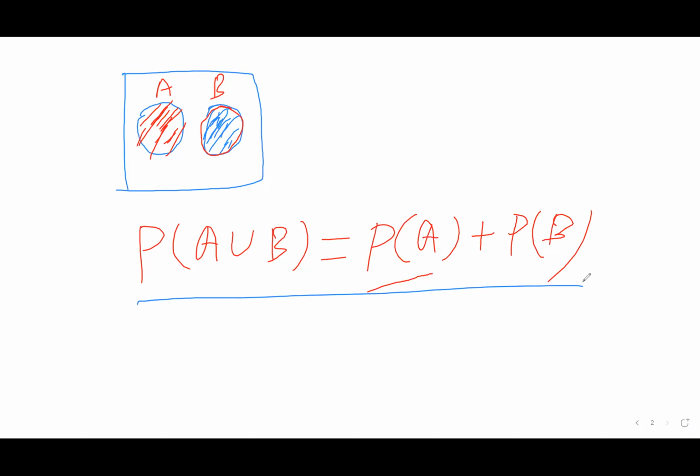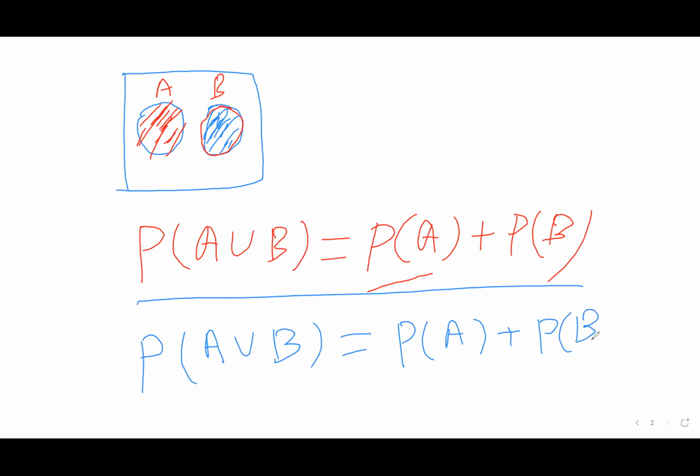So now we have two formulas for probability of A union B. One is probability of A plus probability of B, and the other is probability of A plus probability of B minus probability of A intersection B. So now the question is, when do we use the first one and when do we use the second one?